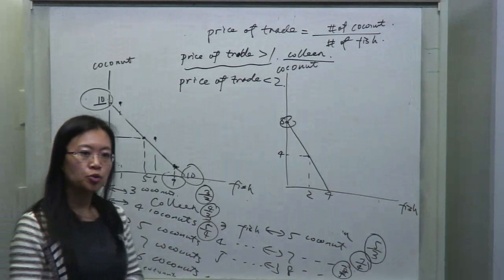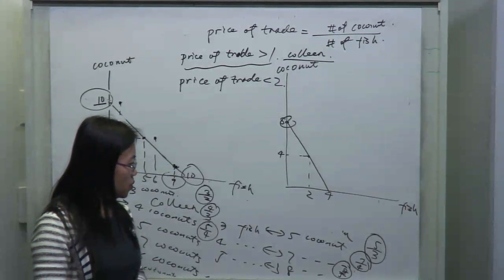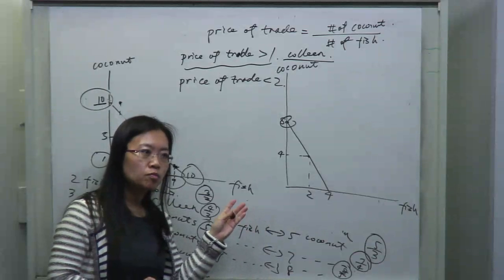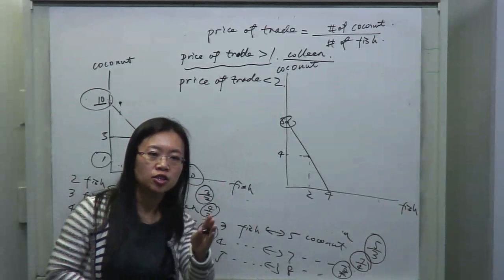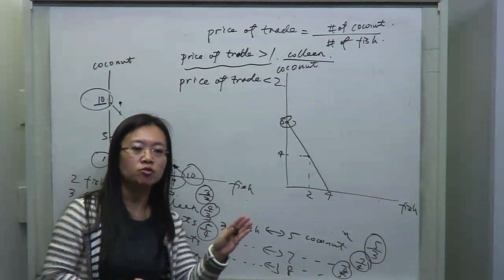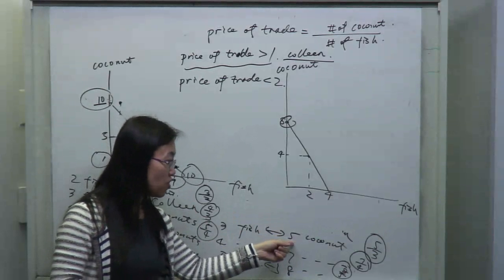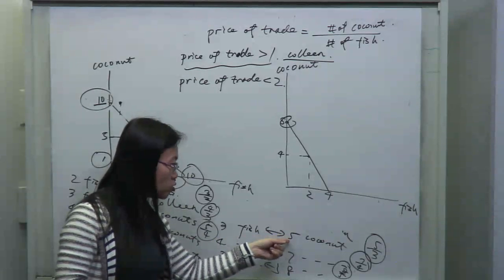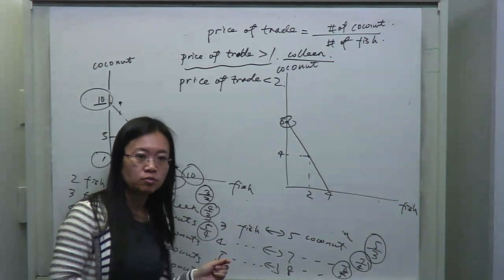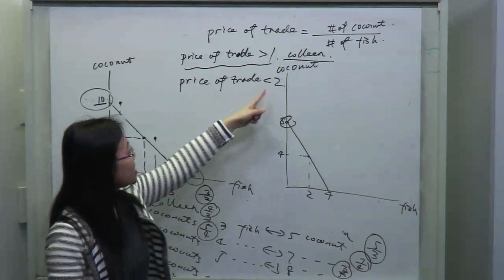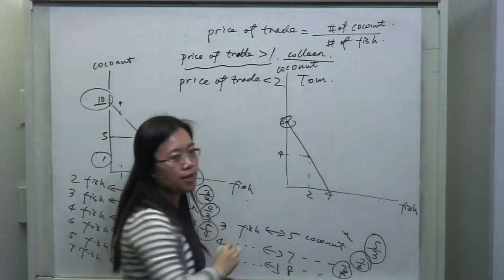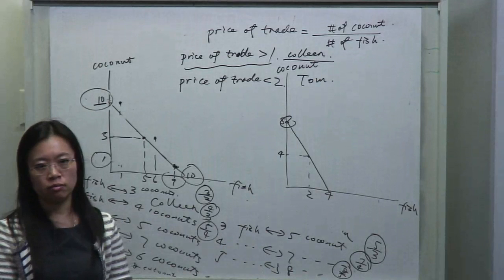When it's smaller than 2, then for Tom, he knows he's going to get more than half of the coconuts. For example, with 5 coconuts, he's going to get more than 2.5 of the fish back. So by having this condition, we guarantee that Tom is willing to trade.